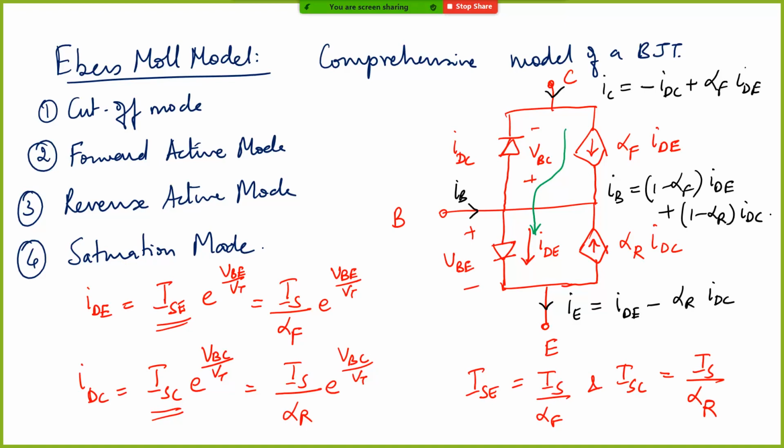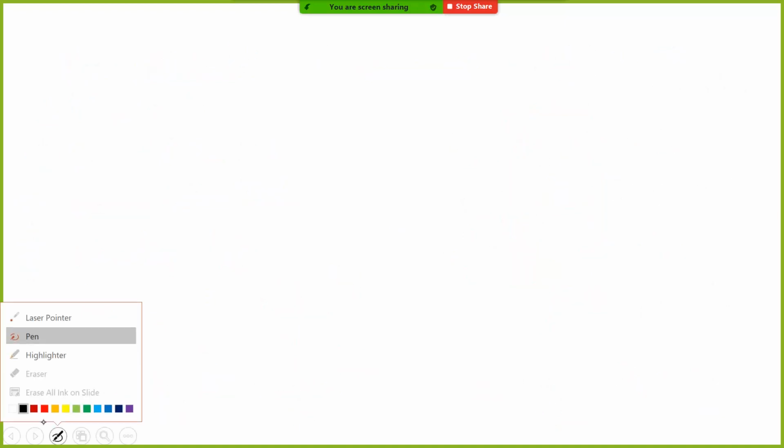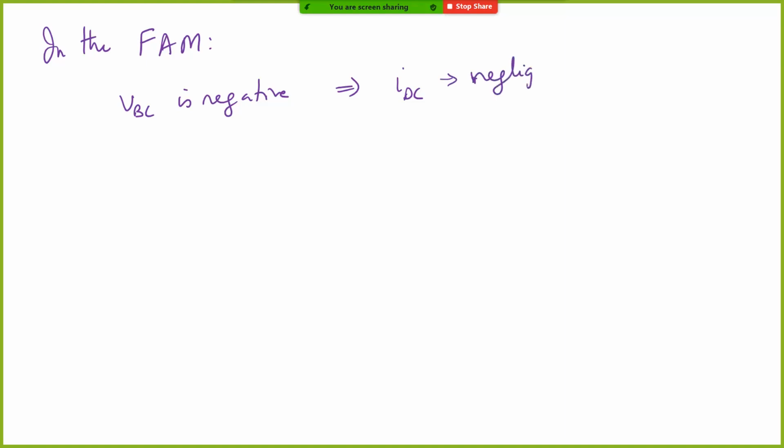For example, if you are in the forward active mode, your VBC is negative, and therefore the IDC that we talked about will be negligible, and IDE will be prominent.